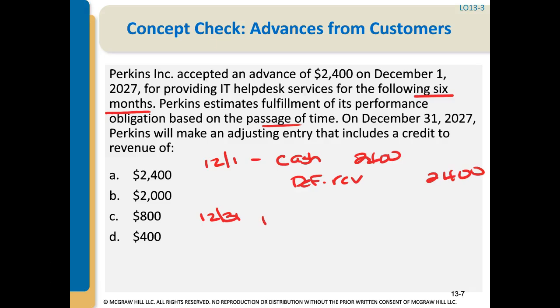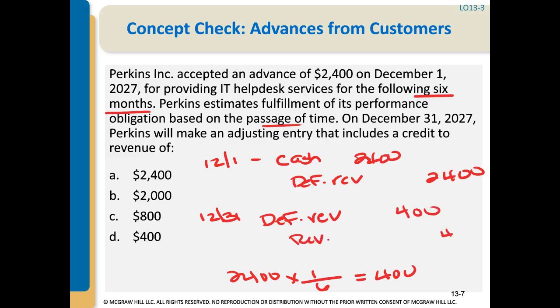So on 12/31, they're going to debit their deferred revenue for 1/6. So 2,400, because they've earned one out of the 6 months, which equals $400. So we're going to debit deferred revenue for $400, and then they're going to recognize the revenue on their income statement for $400. So the answer will be D.